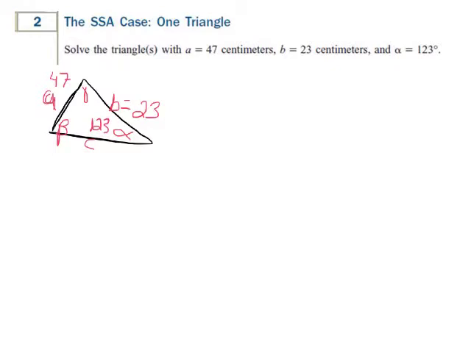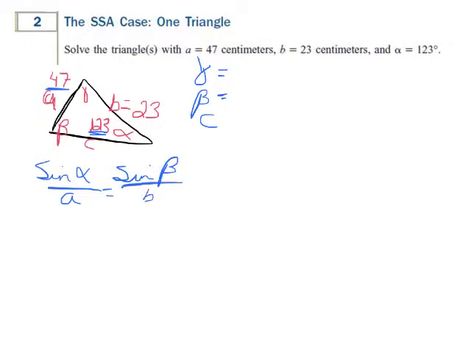So we're going to use our law of sines. Okay, so first let's see, what do we need? We need gamma, we need beta, and we need C. Okay, law of sines. So we have the alpha angle and the alpha side. So we're going to use the sine of alpha over A is equal to, and we're going to look for beta, so the sine of beta over B. Now let's just plug and chug.